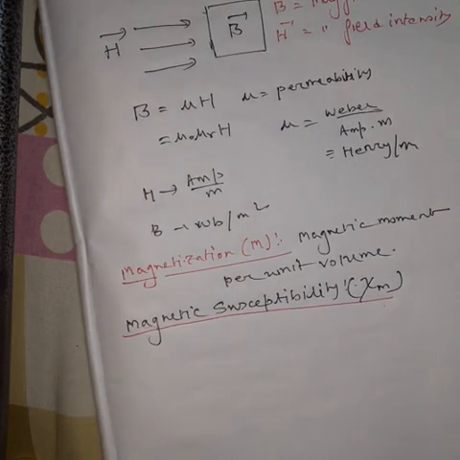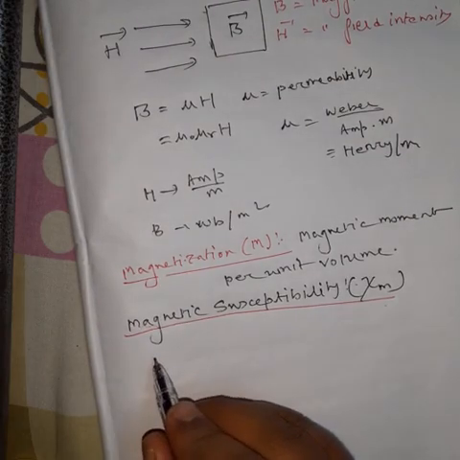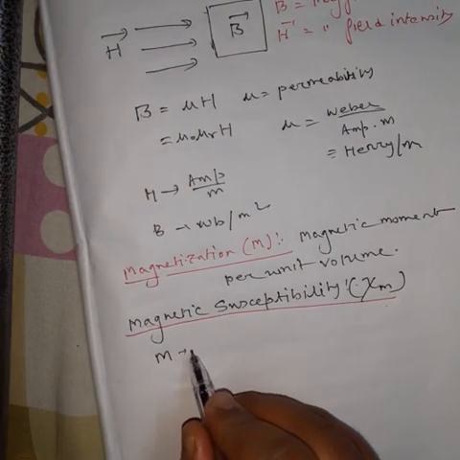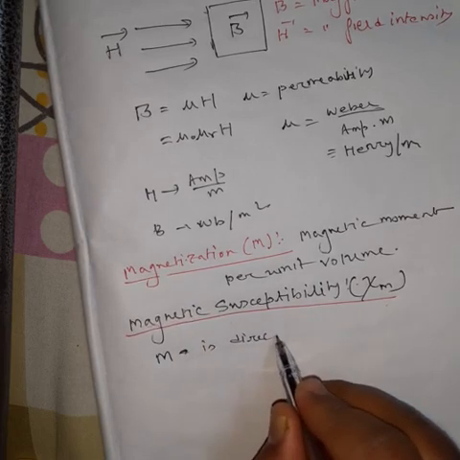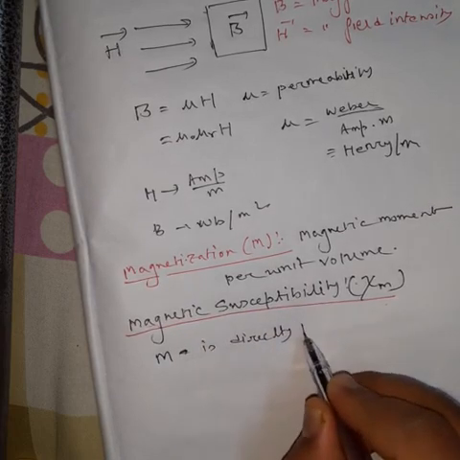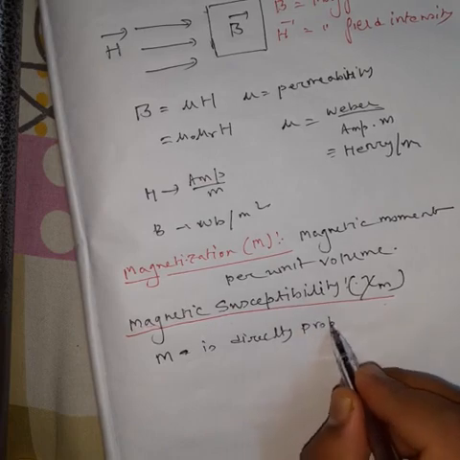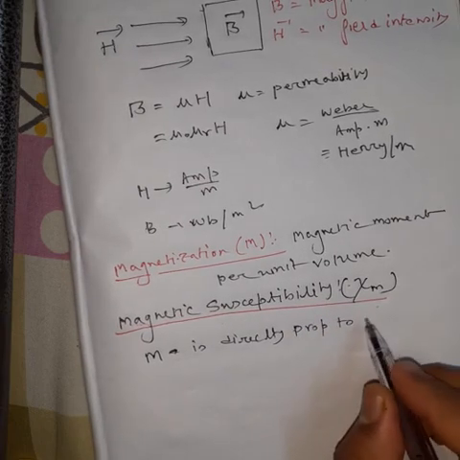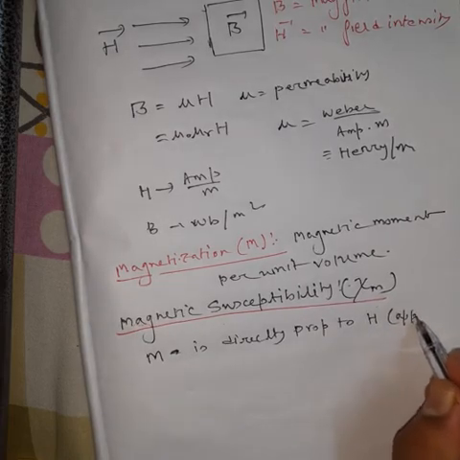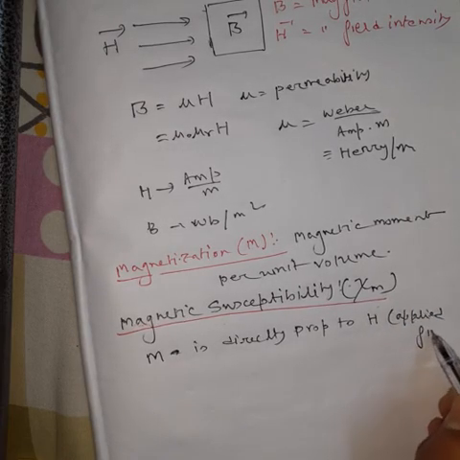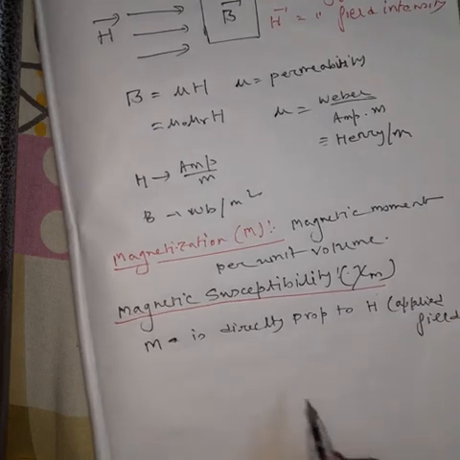Okay, so what we know is that this magnetization M is directly proportional to the applied field, just like the electricity case. So this is directly proportional to H, the applied magnetic field, obviously.